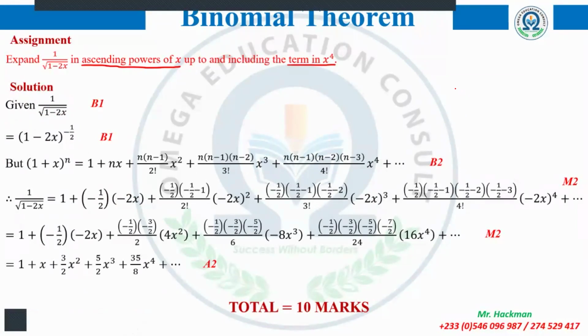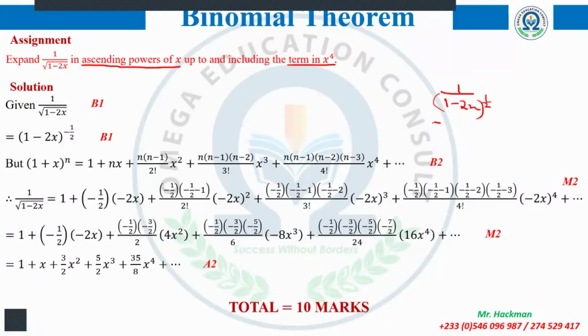We know that 1 over root of that will be the same as 1 minus 2x to the power half. Remember, whenever we are expanding our binomial, each exponent must be explicit, must be very clear. Here it wasn't clear. In the same way, your binomial shouldn't be a denominator, it should be a numerator.